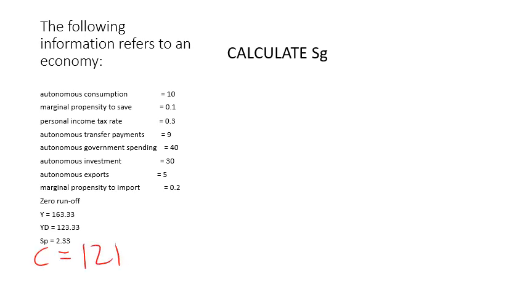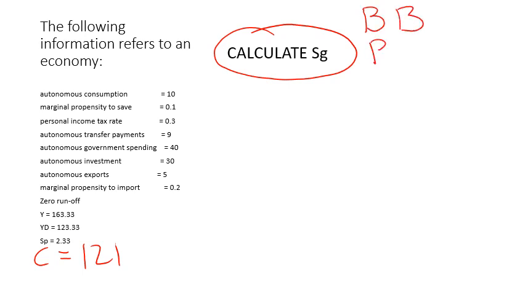So let me put this consumption, 121, in there. All right. So what are we looking at here? Calculate SG, which means in essence we're trying to figure out government finances. Is it a balanced budget? Is it a budget deficit or is it a budget surplus? So what's the equation for SG? S for savings and G for government.